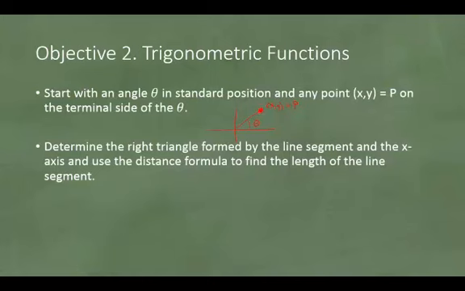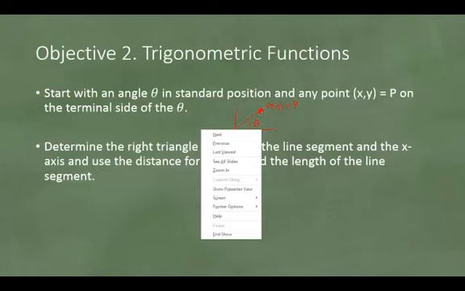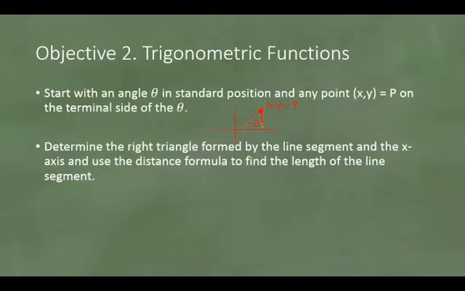We're going to look at a right triangle formed by the line segment and the x-axis. We look at a vertical line segment right there that touches the x-axis and forms a triangle. It's a right triangle because this angle over here is 90 degrees.